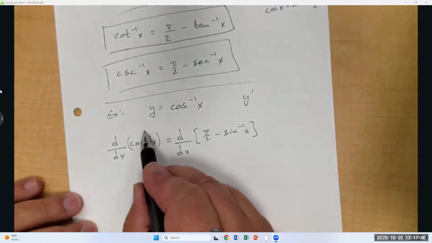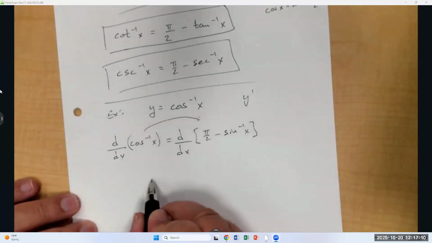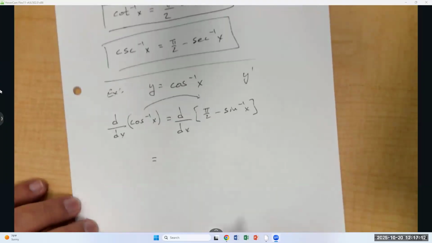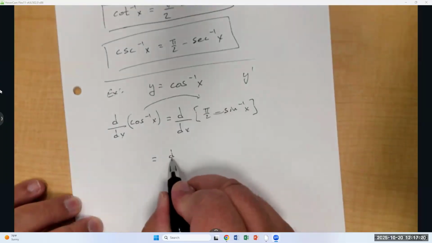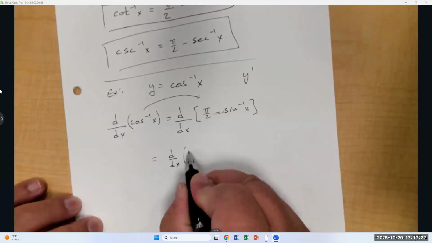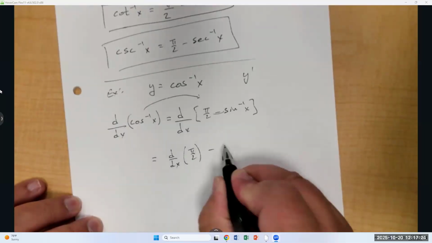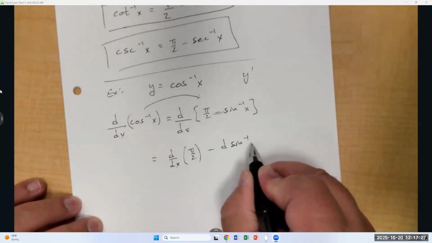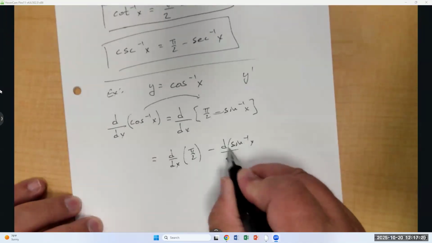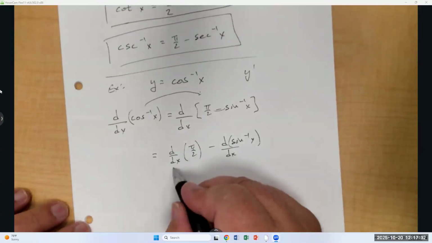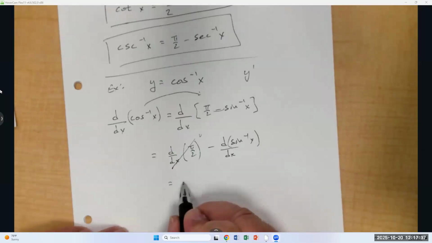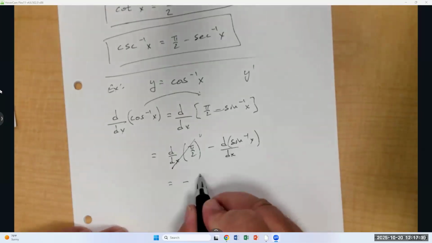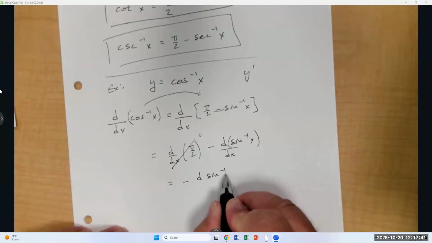So we just rewrote that. Okay, so this is the difference rule. We have the derivative with respect to x of pi over 2 minus the derivative of sine inverse of x over dx. This is a constant, so the derivative is 0. So what we're looking for is the negative of the inverse sine derivative.